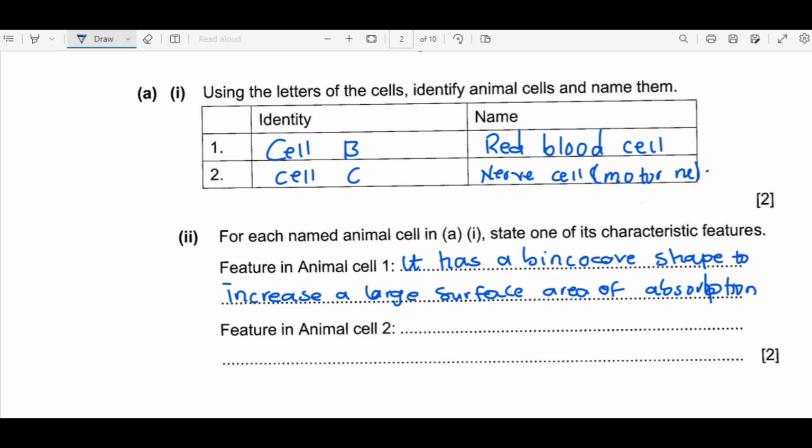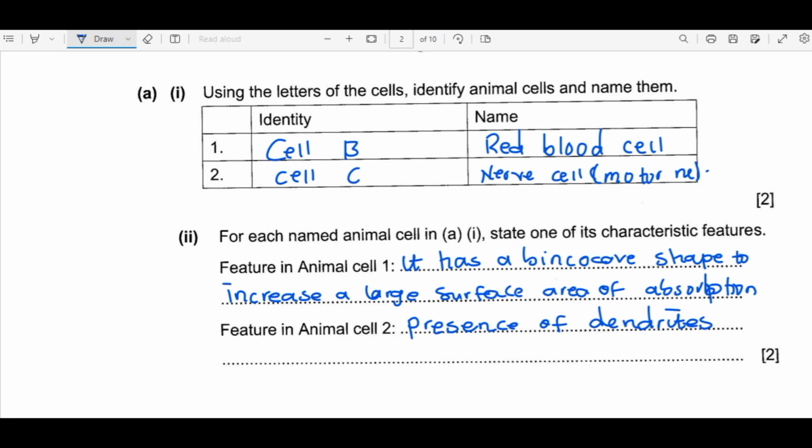Then feature in animal cell 2, which is we are looking at a nerve cell, which is a motor neuron. We can say presence of dendrites. So dendrites, the function is to receive the electrical impulses from the neighboring neuron.